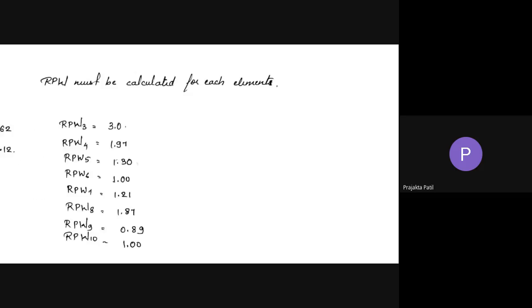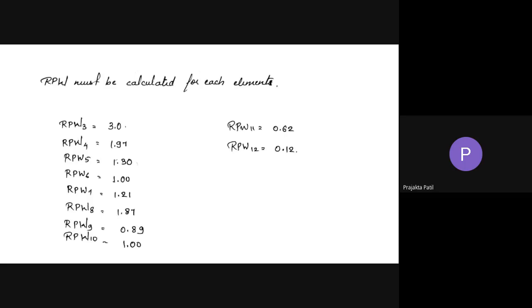So following this, you're going to find the RPW value for each work element, and these are the answers that you get. The first two were already shown in the previous slide. For 3, 4, 5, 6, 7, 8, 9, 10, 11, and 12, these are the RPW values. But please remember well that you have to follow the direction of the arrow.